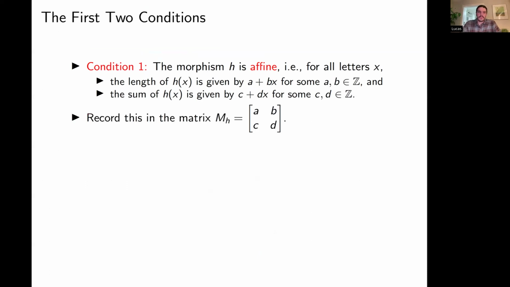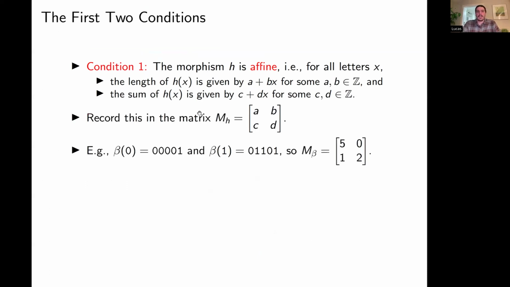So let me sort of give you an example, right? So beta 0 is 0, 0, 0, 1, and beta 1 is 0, 1, 1, 0, 1. So the length of each of these letters is just 5 plus 0 times the letter, right? So we put 5 and 0 in this matrix, right?